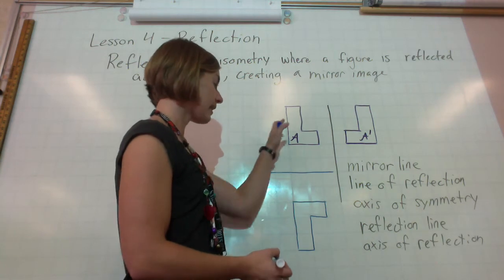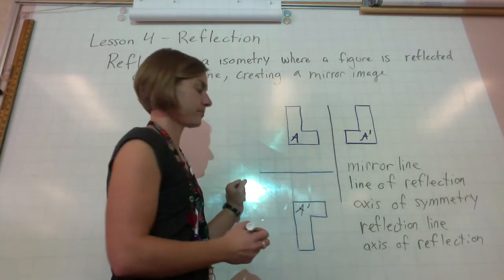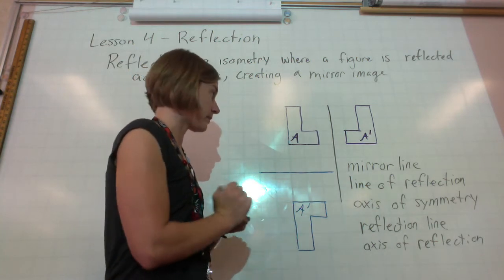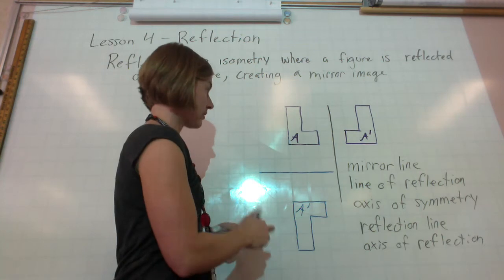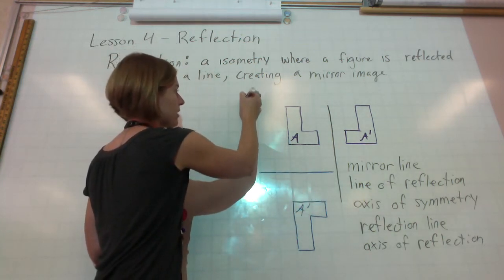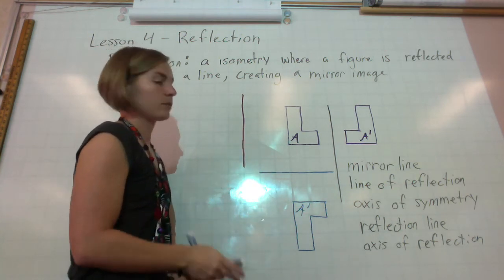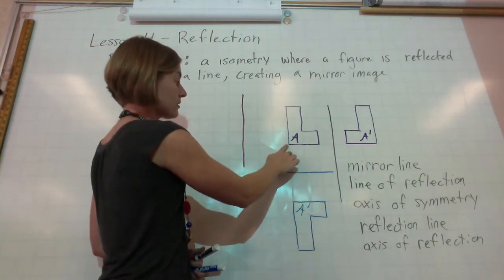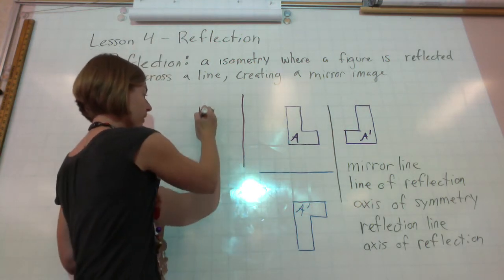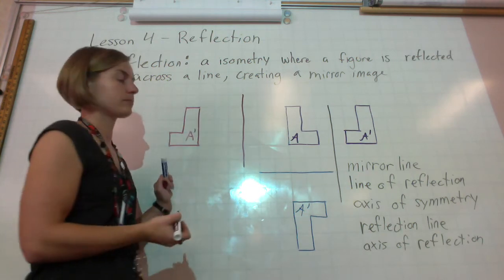Okay? And again, since this was A, this would be A prime. What if I reflected it the back way, going backwards? Let's have this one, I don't know, be 3 away. Well, since this distance is 3, then our reflected image is also going to be 3 away. And again, it would be A prime.